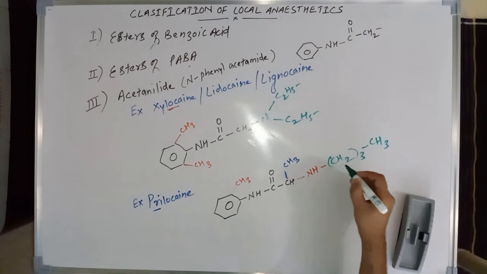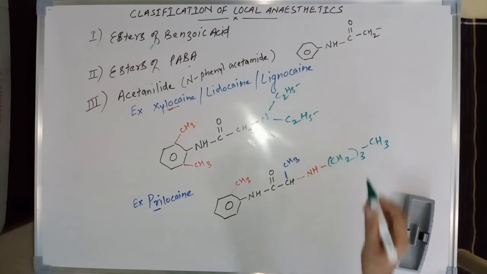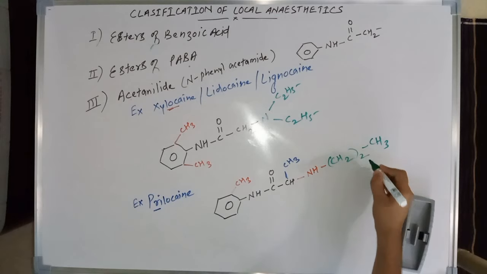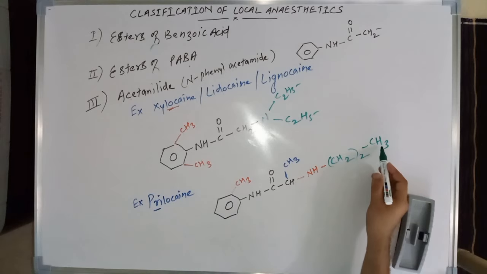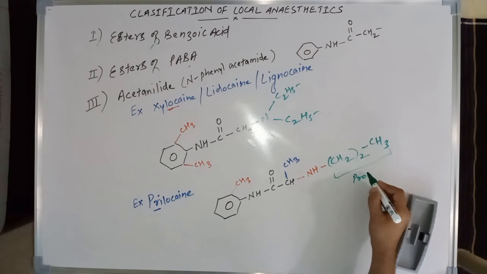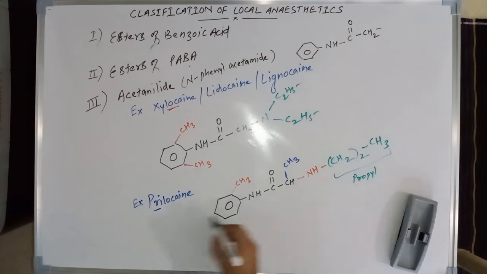So this is your CH2, 2 carbon and 1 carbon, 3. So this is your propyl, 3 carbon species. That's why its name is prilocaine.